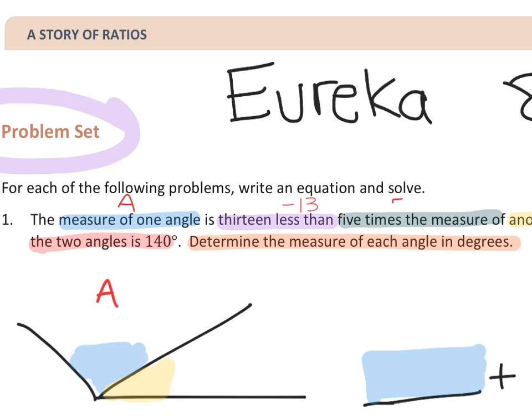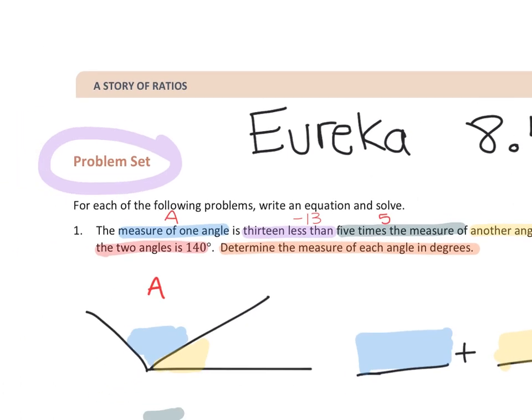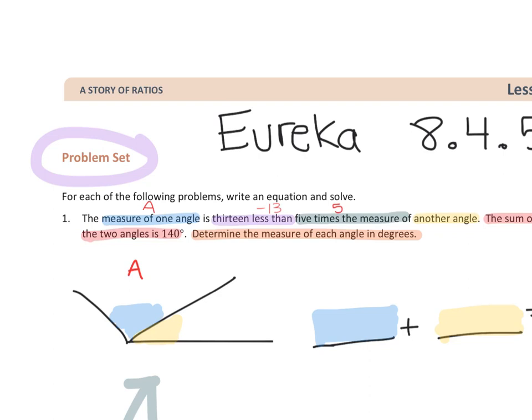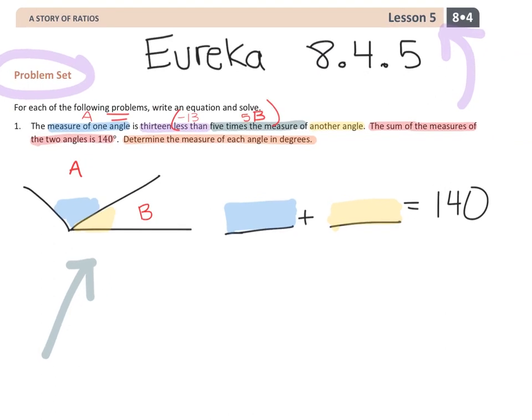Than 5 times the measure of another angle. We'll call that one B. So if A is 5 times the measure of another angle, we have B to begin with, and then A equals this expression. So let me move down here where I have a little more room.